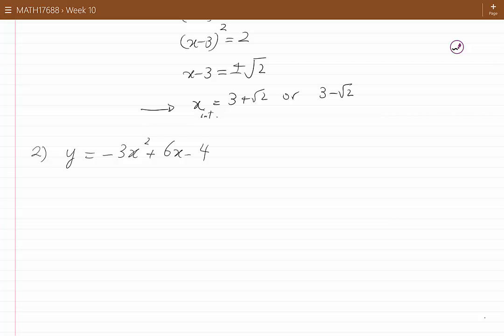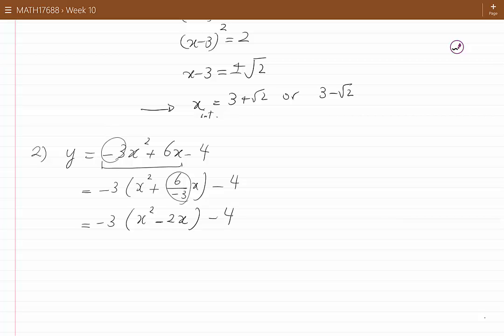To put this into standard form, I look at the first two terms and I factor the coefficient of x squared. I would get minus 3 times (x squared plus 6 over minus 3 x) and then minus 4. We can simplify this further by noting that 6 divided by minus 3 is minus 2.